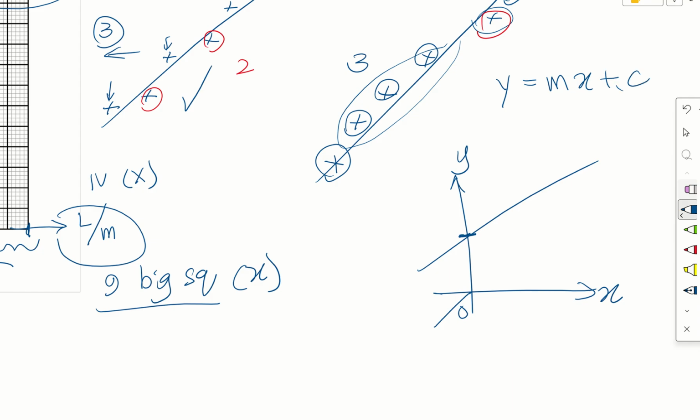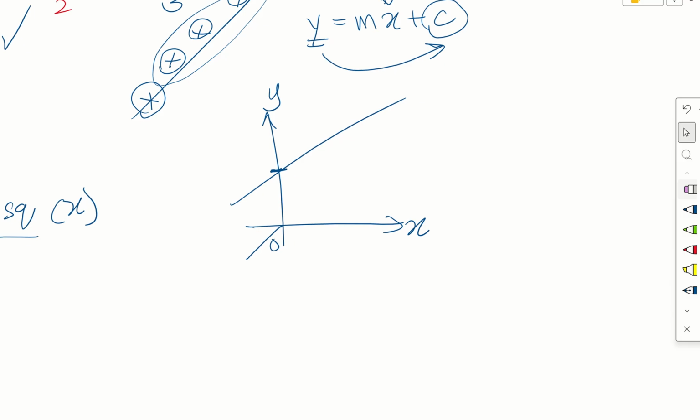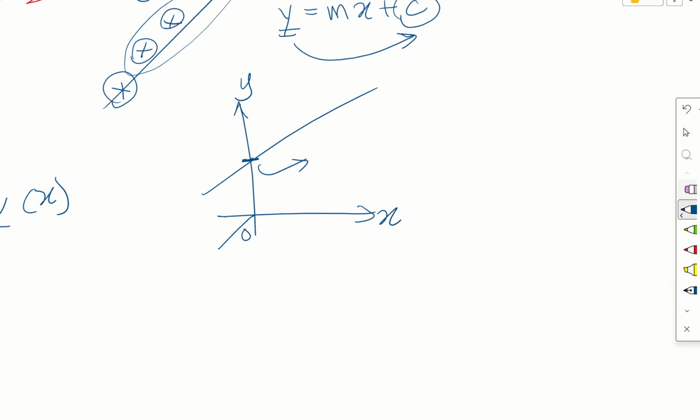Now, in order to find my y-intercept, my x must be 0. Then my y will be the y-intercept. So in this case, this is the y-intercept, and you can read it off from here. But that is provided, very important, that your x scale starts from 0.